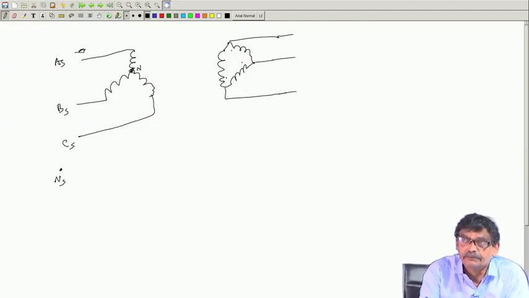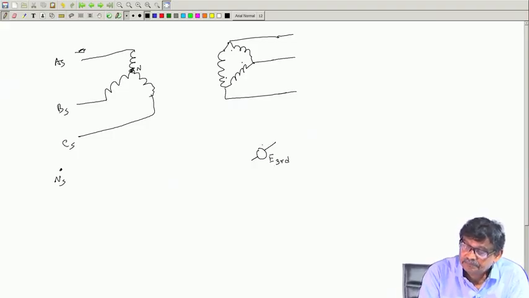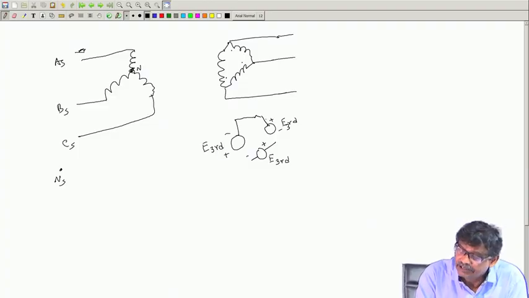So, in this delta, inside this closed path, you find there will be 3 EMFs, E third, then E third, E third. Along with E fundamental, it will be more scientific.